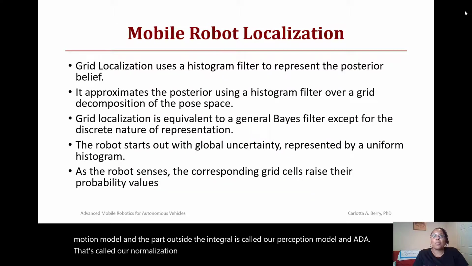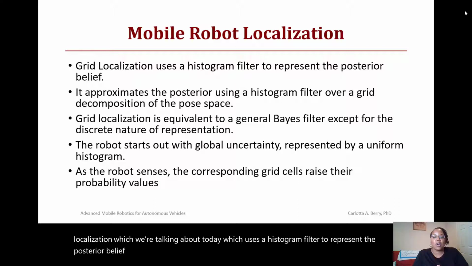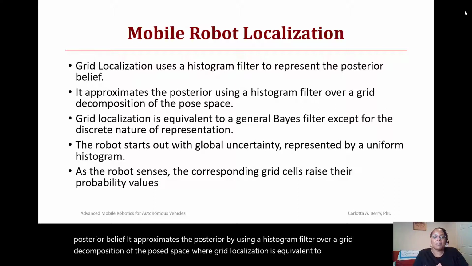So in mobile robot localization, we can have grid-based localization, which we're talking about today, which uses a histogram filter to represent the posterior belief. It approximates the posterior by using a histogram filter over a grid decomposition of the pose space, where grid localization is equivalent to a general Bayes filter, except that there is a discrete nature to the representation.